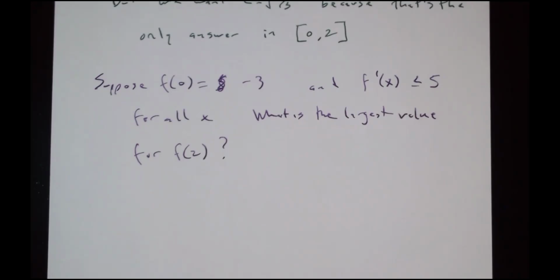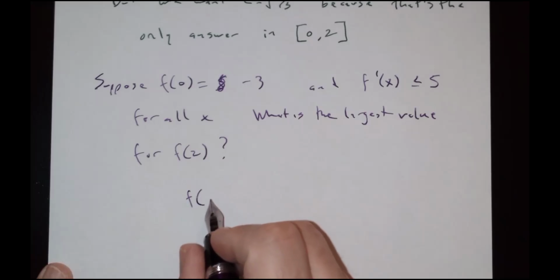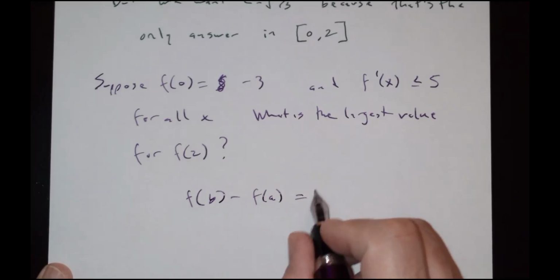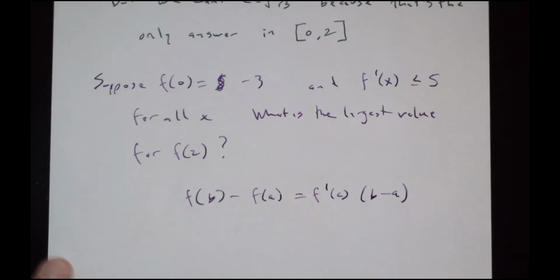Okay, wait a minute. I just said both conditions for the mean value theorem are true, right? That means between the x values 0 and 2, my function is continuous and differentiable. The mean value theorem tells me f of b minus f of a is equal to f prime of c times b minus a.